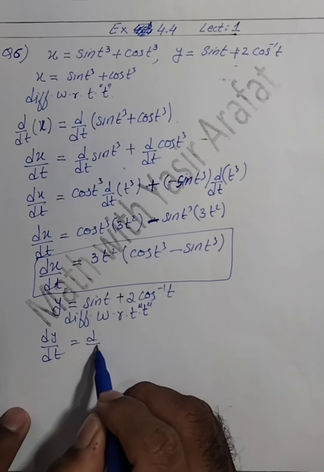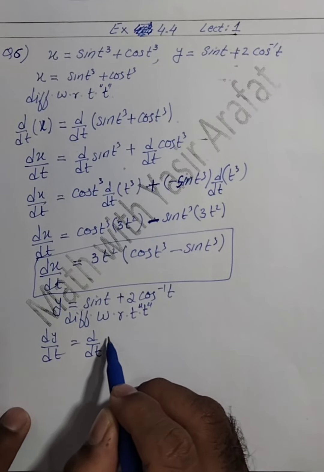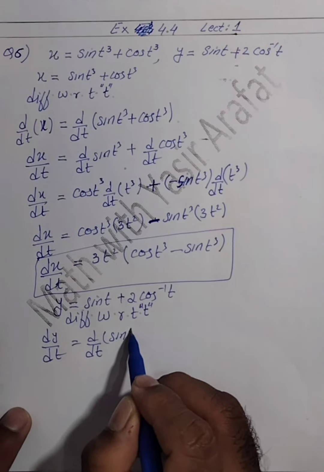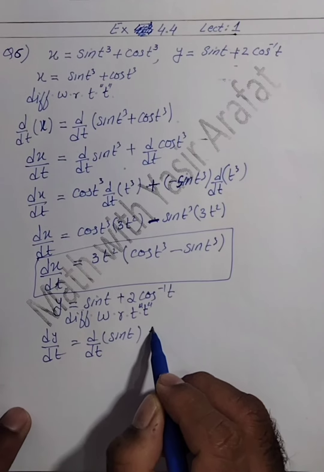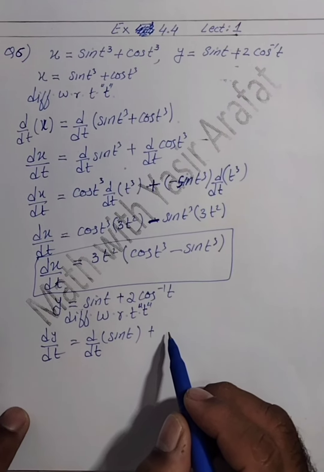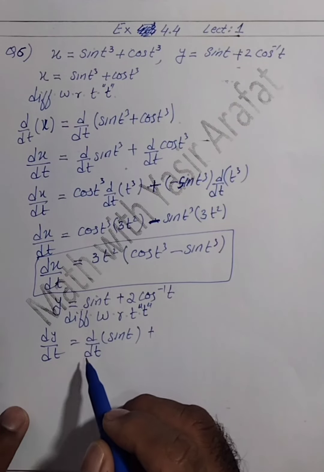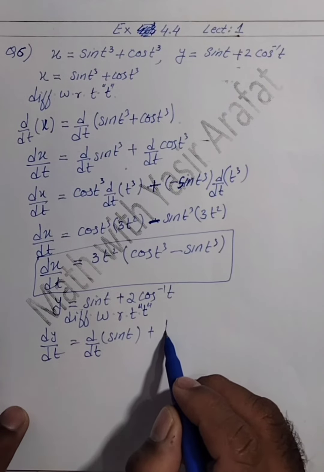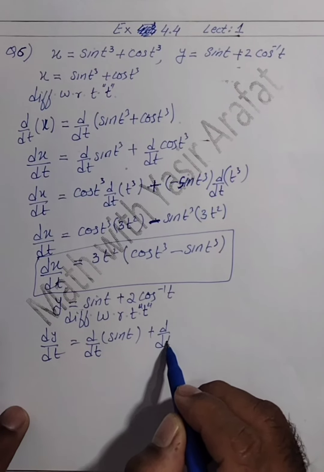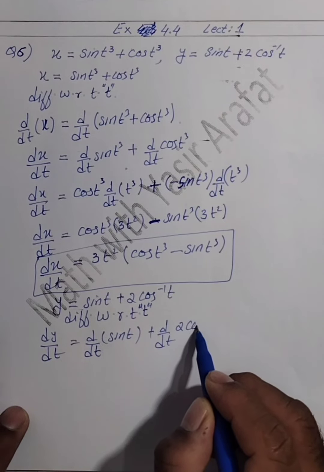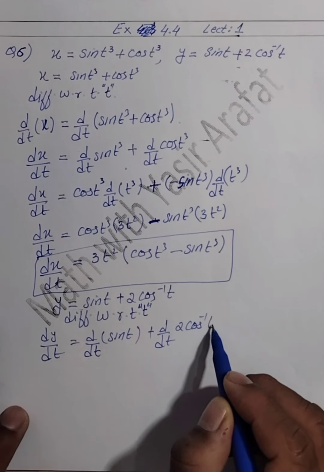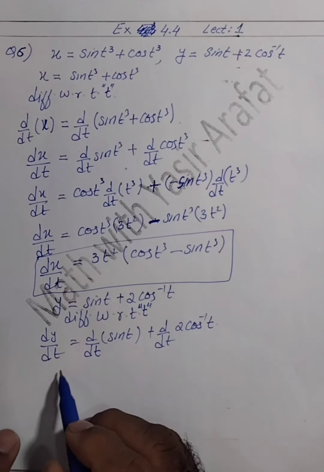Apply the operator on both sides, d over dt, because we are going to find the derivative with respect to t, that is why we have to use d over dt. So this is again here d over dt of 2 times cos inverse of t.